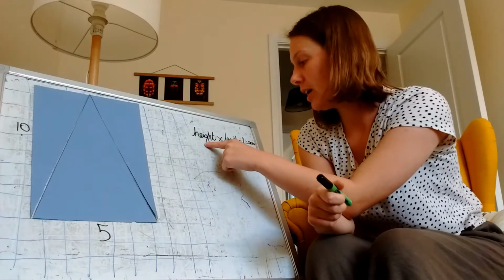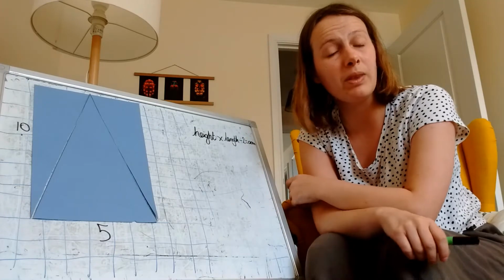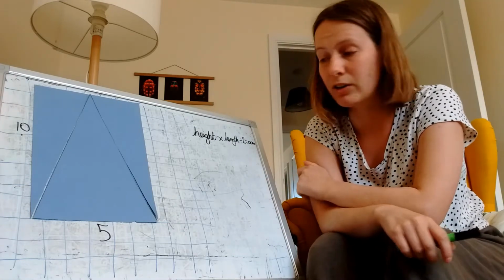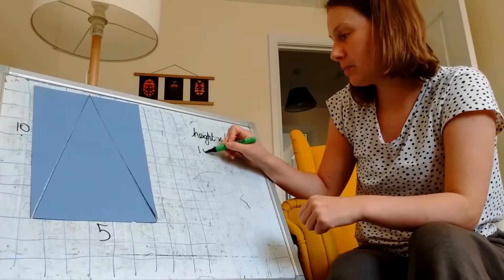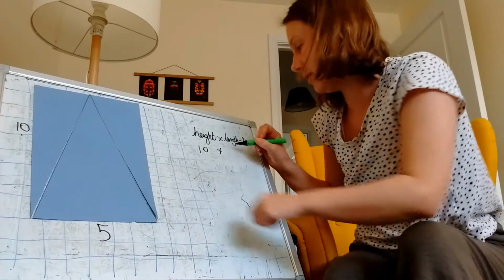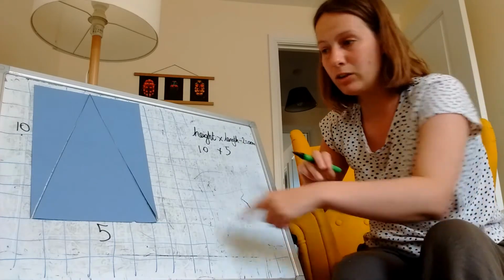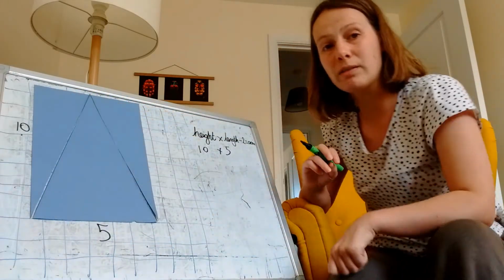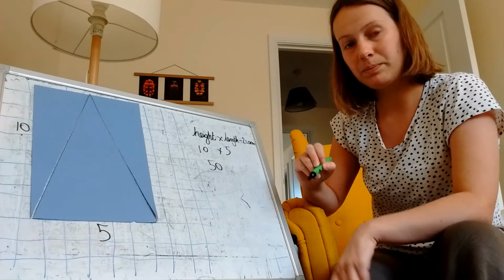So we've got height times length, that's the area of a rectangle, divided by 2 equals the area of the triangle. For this one, the height is 10, the length is 5, so the area of our rectangle, the whole blue shape there, is 50.